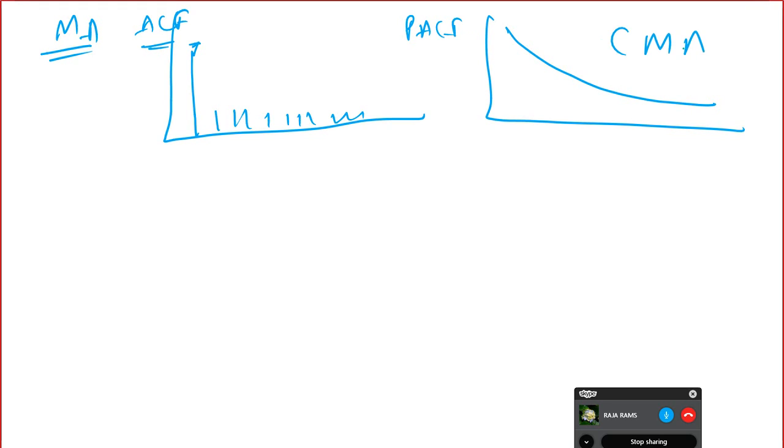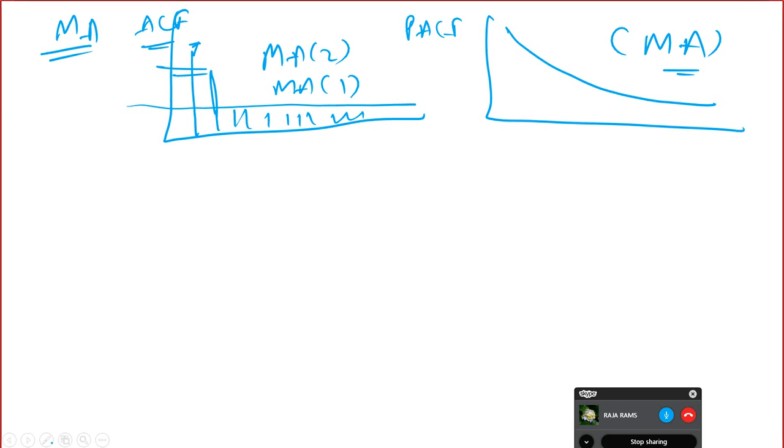So this is exactly opposite of the figure. Now see for how many lags the ACF is significant. If there are 2 lags for which it is significant, above the significance line, then it's an MA2. If there is only 1 lag, then it's an MA1. That's how we determine the order.